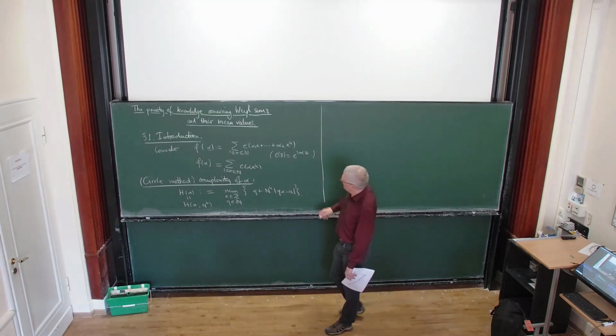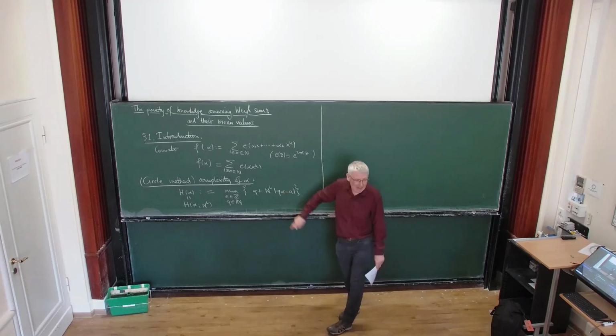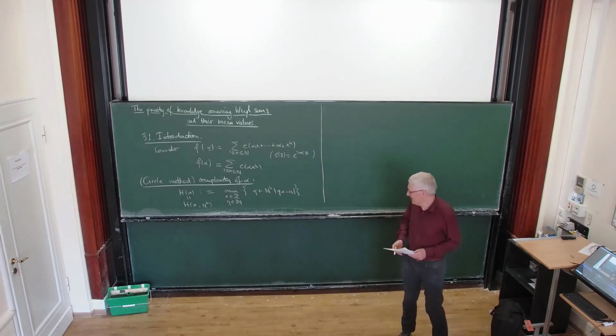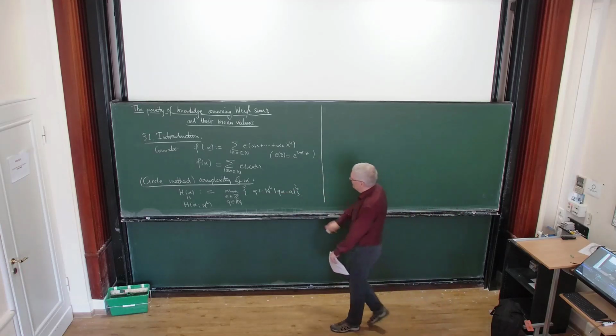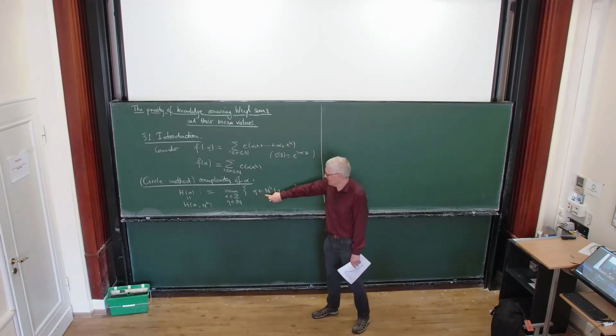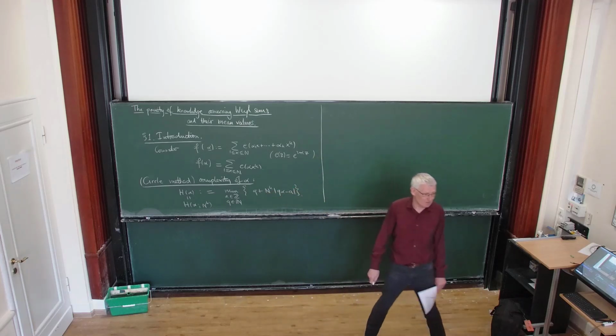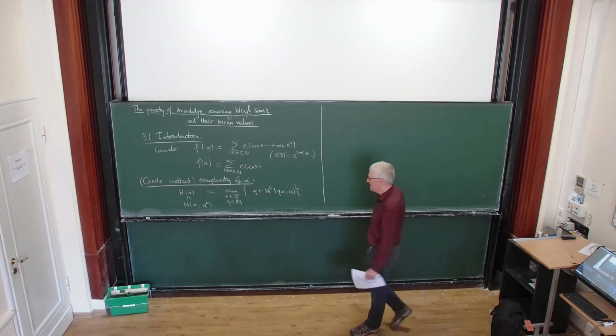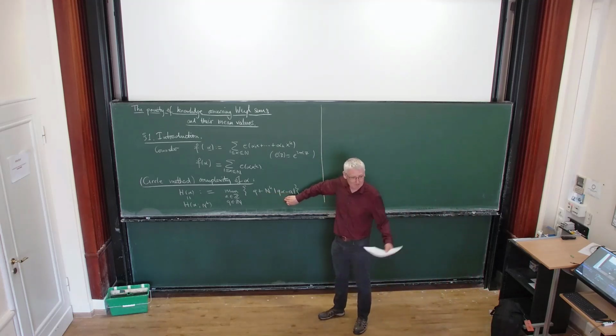Well, if your real number alpha has a rational approximation with small denominator q, then you can expect that if the rational approximation is good, this expression is going to be relatively small. This is what you typically see on the major arcs in a circle method approach.